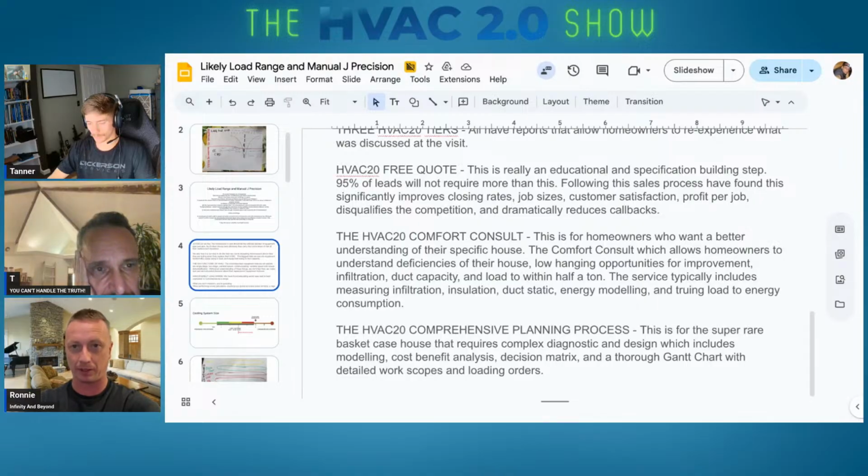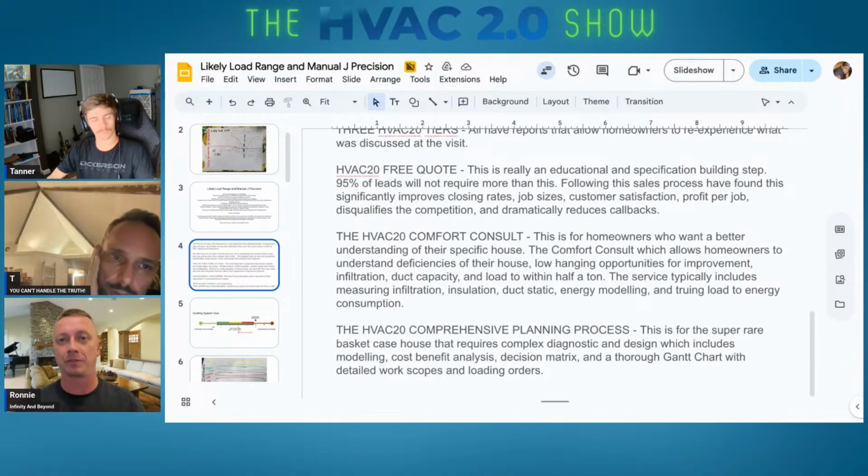One, because we want them to continue to lower the size of capacity on these furnaces based on likely load. But they are also forcing these guys to look at the size of the air conditioner on furnace only estimates rather than just looking at the furnace. And it's actually helped us sell more full systems.